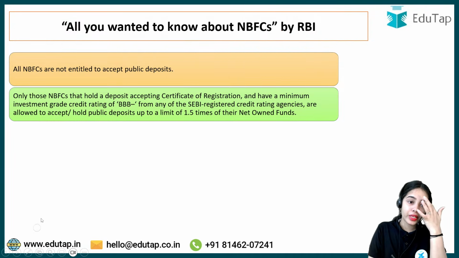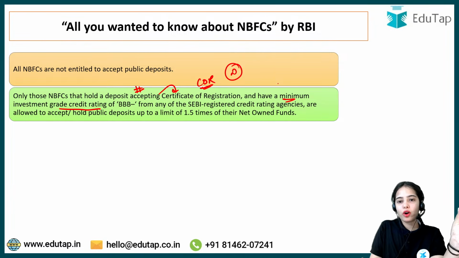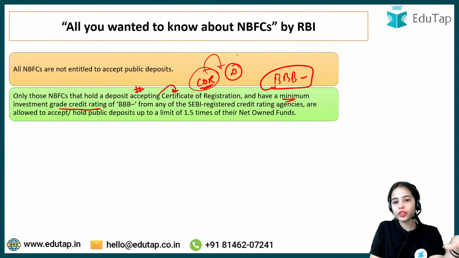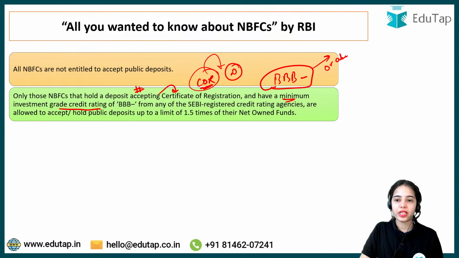So this is the idea: only those NBFCs that have a deposit accepting certificate of registration, in which the RBI has permitted them to take deposits, and that have the minimum investment grade credit rating of BBB minus. It's not only that they have a certificate of registration; they also need a good credit rating, BBB minus or above, that means BBB minus or A and such.